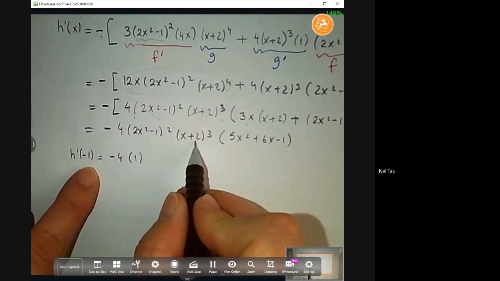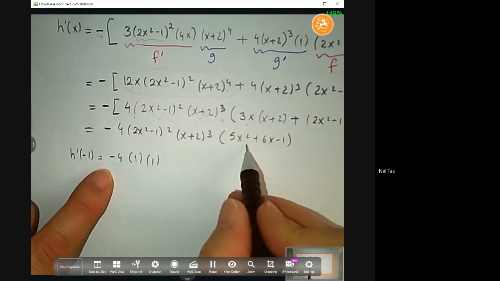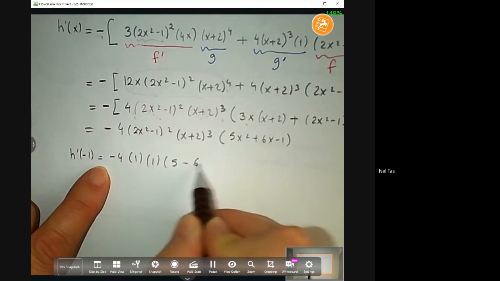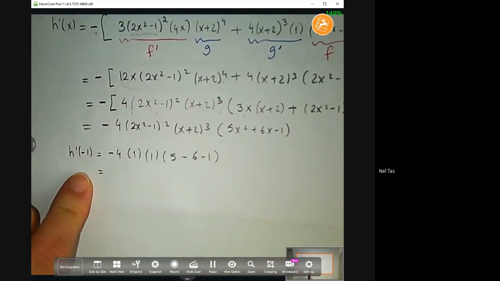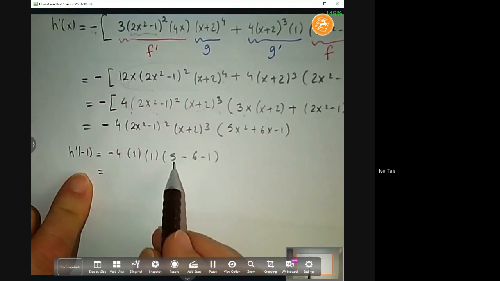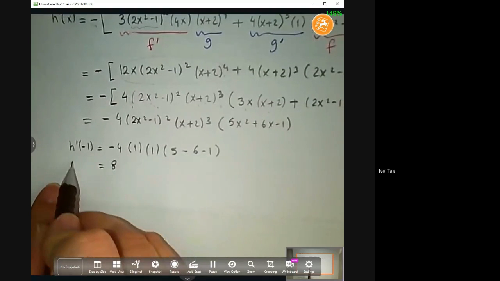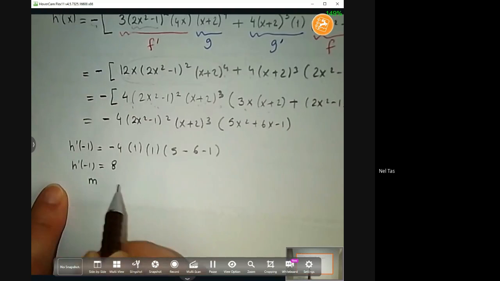So -1 plus 2, 1, 1 cubed is 1. So sub in here, 5 minus 6 minus 1, 7, -2, 8. We get 8. So this is the slope of the tangent.